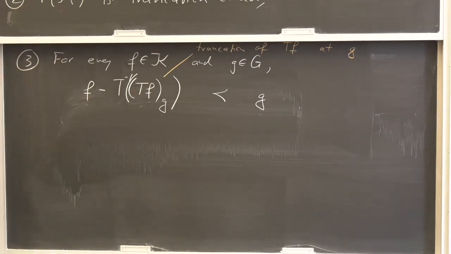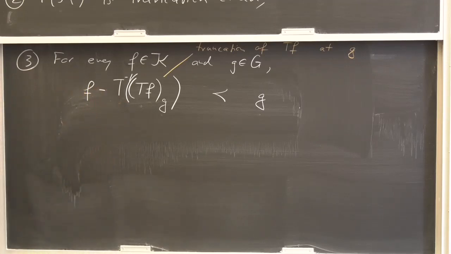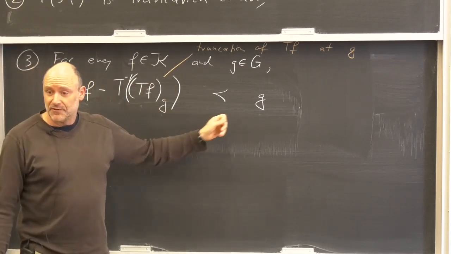So you extend the dominance relation to K, but it's not linearly ordering K. The dominance relation for germs of functions is always defined, it's just maybe not always true. So the germs in K are related to each other in this way.